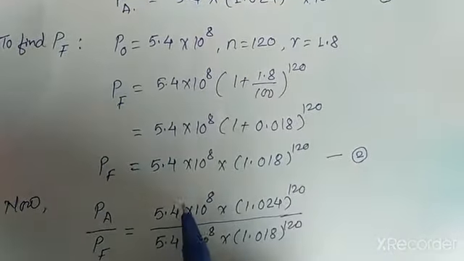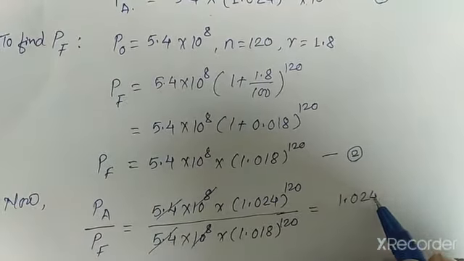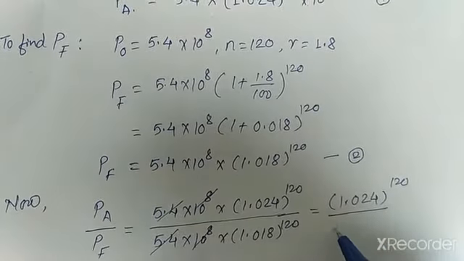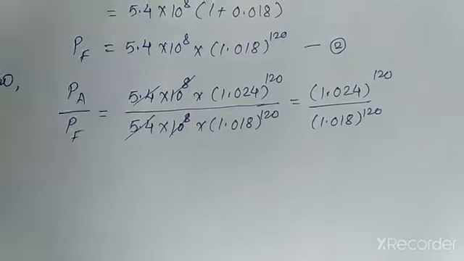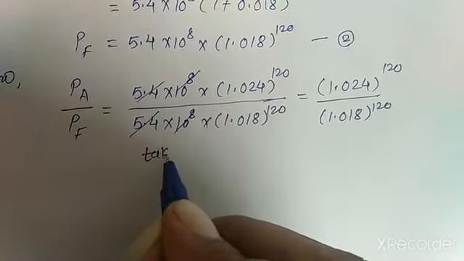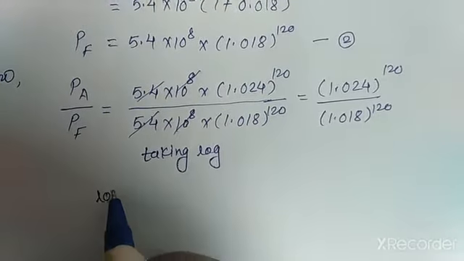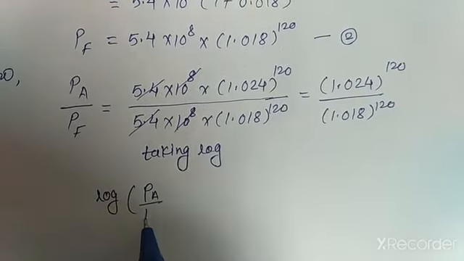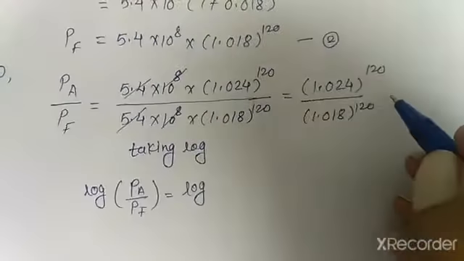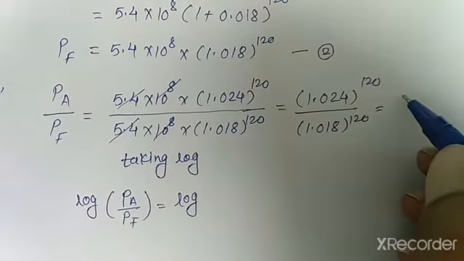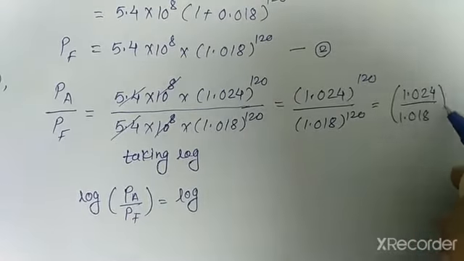Here the same terms get cancelled out and only 1.024 raised to 120 divided by 1.018 raised to 120 remains. So taking log on both sides, we get log of PA upon PF is equal to log of, since the power term of both is the same, 1.024 divided by 1.018 raised to 120.